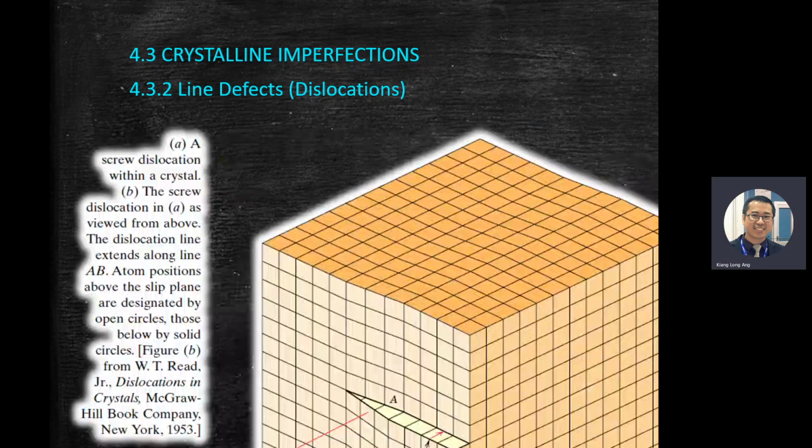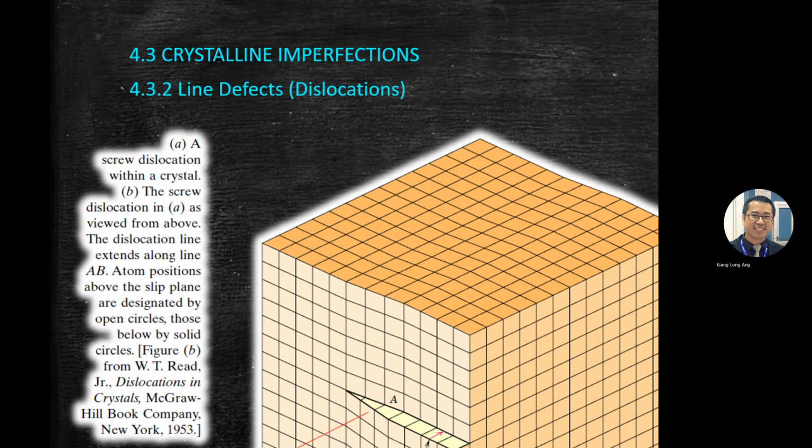So this is another piece of information for you. In this case, you will have edge. This one is the screw dislocation, right? So you push this one in, so you will have an anti-clockwise direction. One is from the top, one is the three-dimensional diagram.